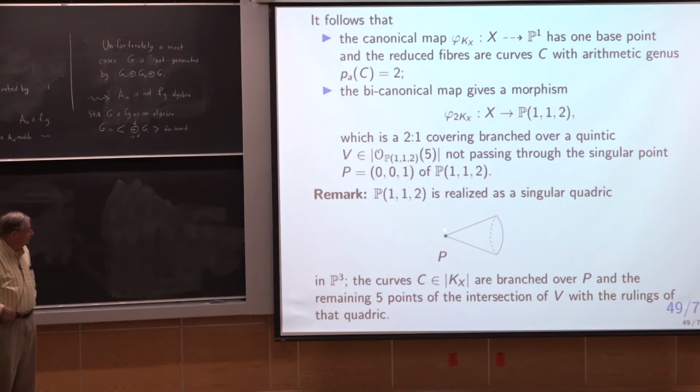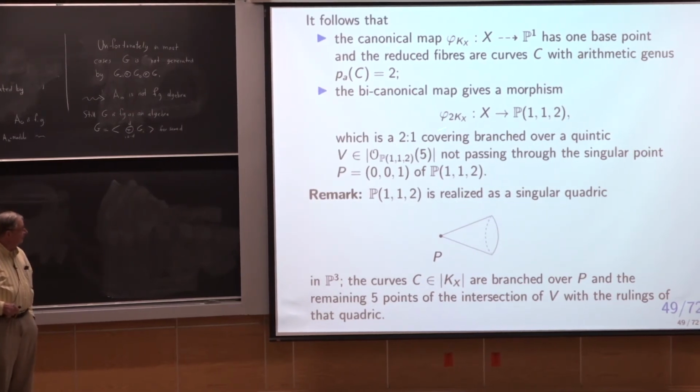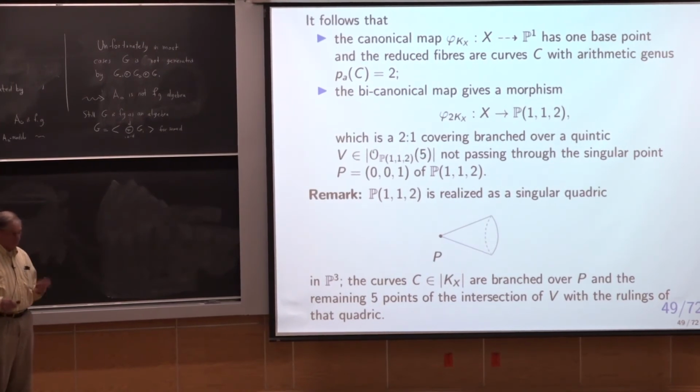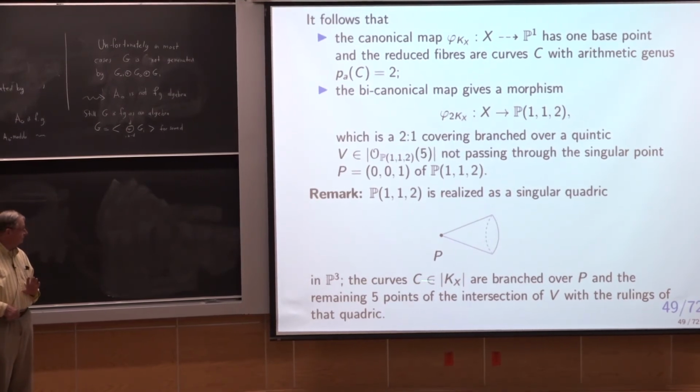The weighted projective space is just a singular cone in P3, a cone with one singular point, the vertex. And it's 2-to-1 branched over a surface of degree 5 in P3, not passing through the vertex, and branched over the vertex.